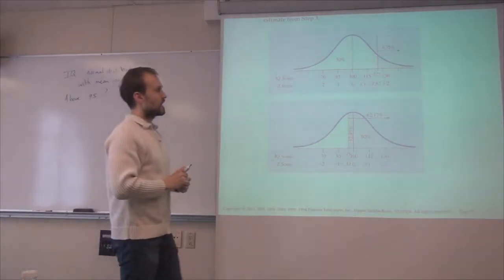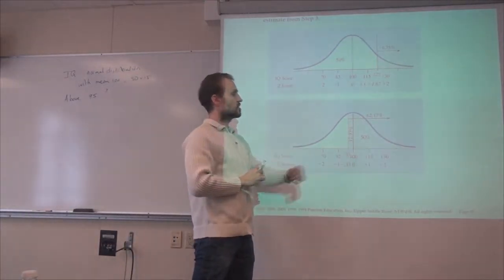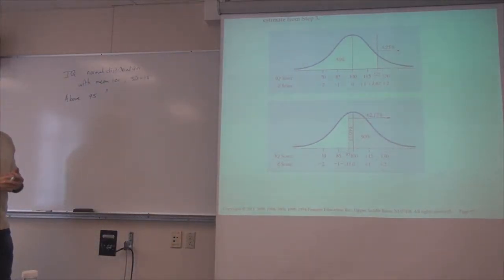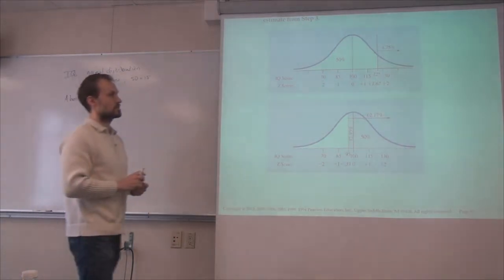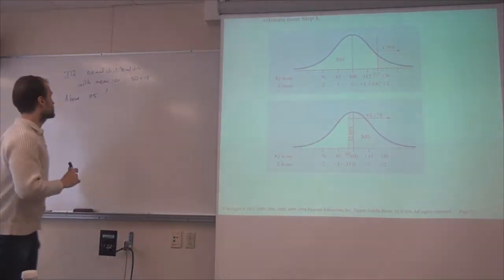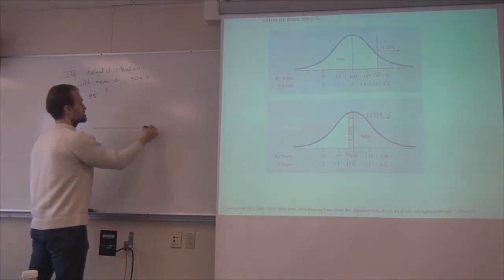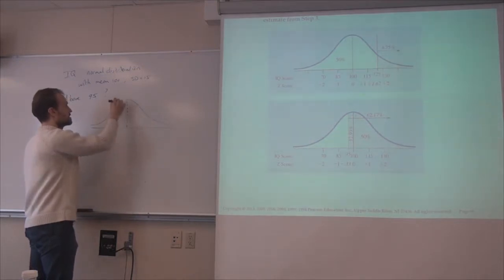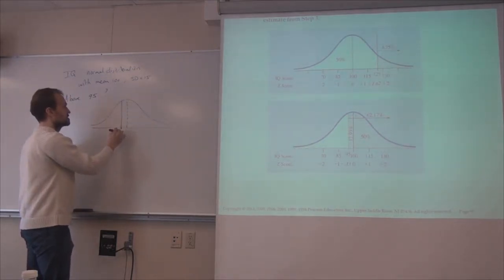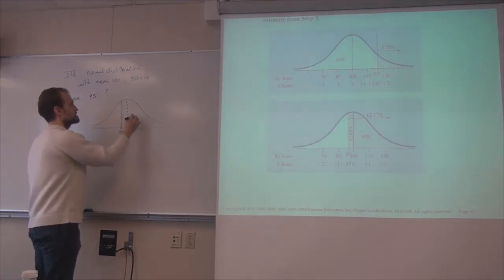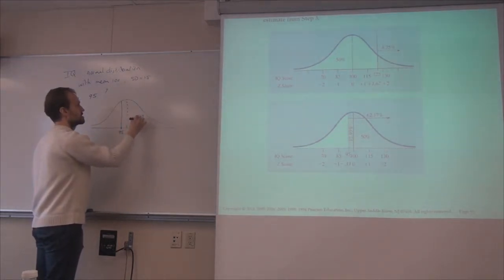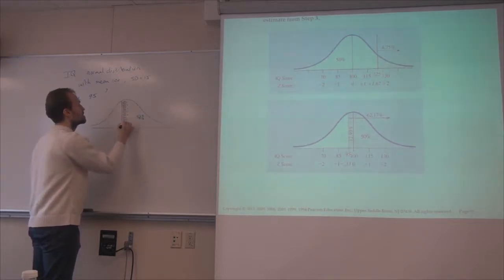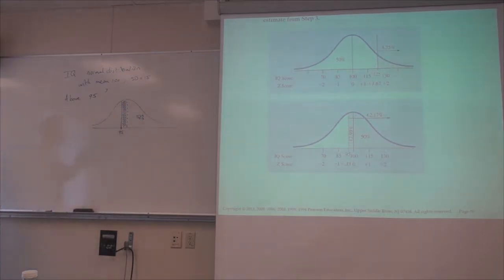I know that the average is 100, so over half of the population will have a score of 95 or above. So I can break it up into little pieces. There's my halfway line. There's my 95. I know this part is 50%. I really only need to worry about this part. We do it in little sections.